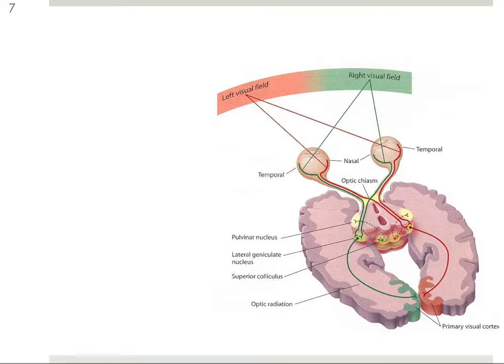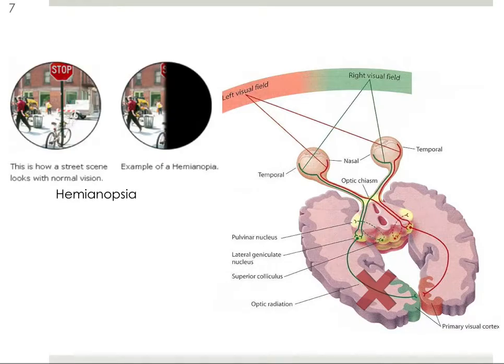Now, another corollary of this majority versus minority report difference that I'm talking about shows up in very interesting situations where you could have a lesion in some parts of the pathway, right, such as in the optic radiation. And in some cases, this could give you hemianopsia, right, which is just the lack of vision in one half of the visual field.